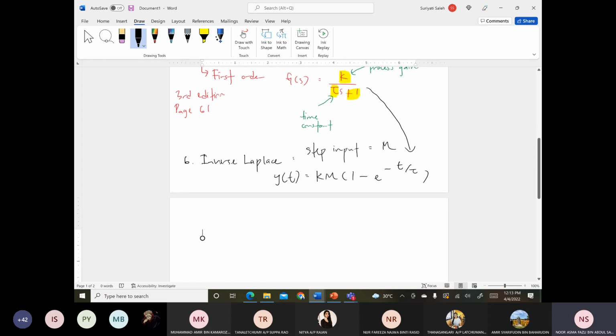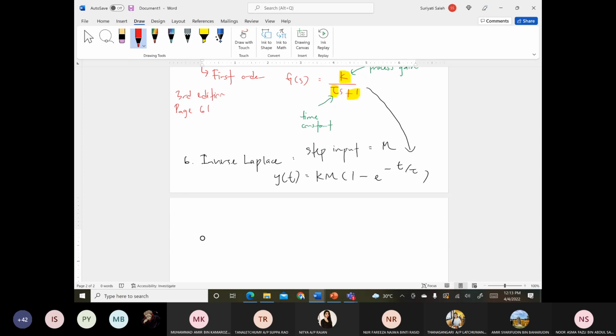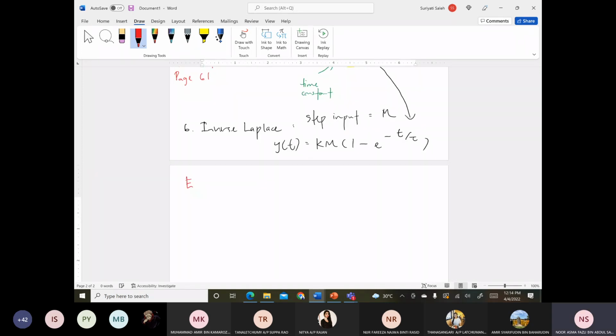So normally, for example, you have an equation like this. You get 4 over s plus 2. So for this form, normally you cannot use y(t) equal to KM times 1 minus exponent negative t over tau.